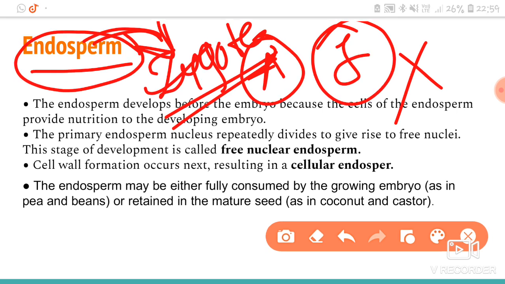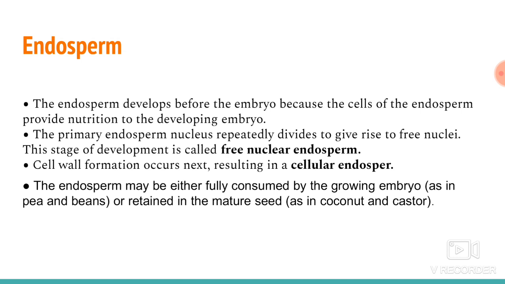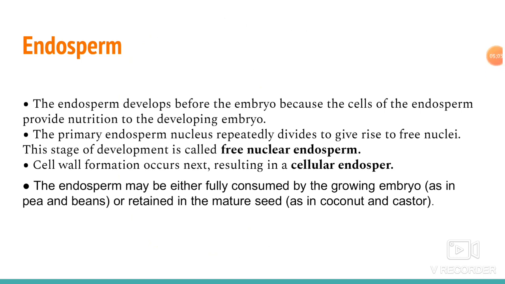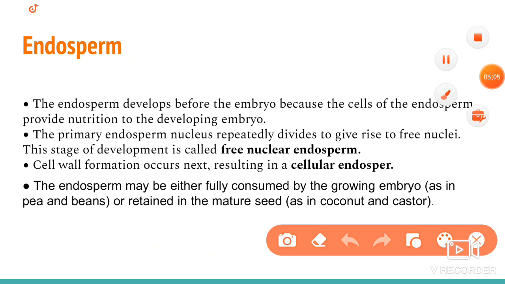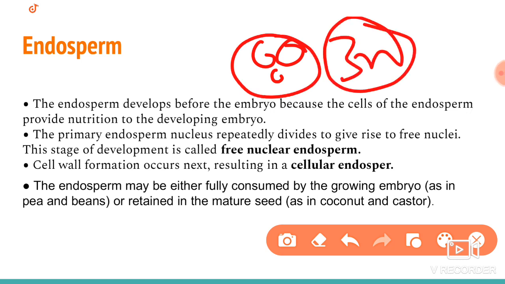And if you observe the endosperm, it is nothing but the polar nuclei. Sorry, polar nuclei, they are going to be formed here. These two polar nuclei are there, and these two polar nuclei along with one male gamete, there is a fusion, and this fusion is triploid, 3n.